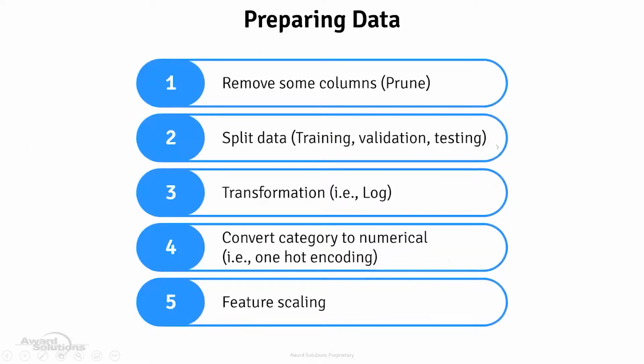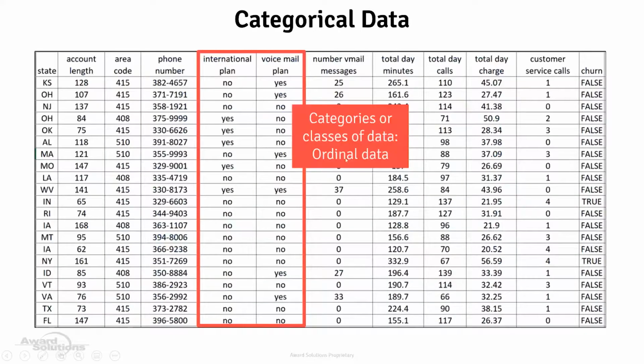So then how do we prepare that data? Well, one thing we may do is remove some columns or some features associated with that data. There's some data that's just not really of any value. Let me give you an example. Let me back up a slide and show you. For example, we have a phone number here.